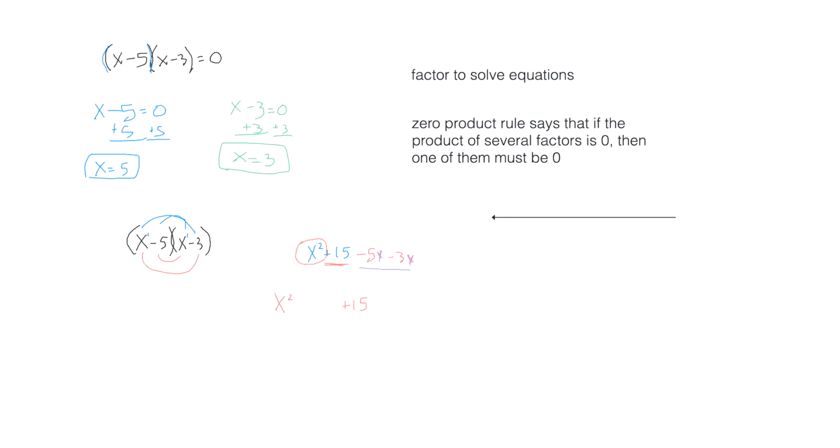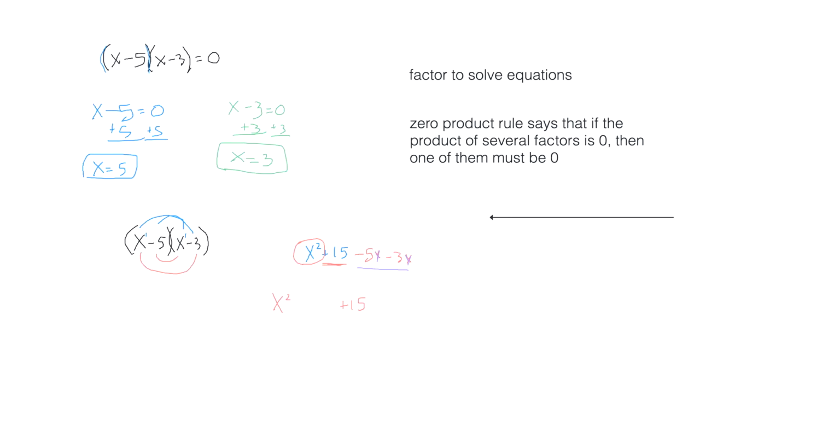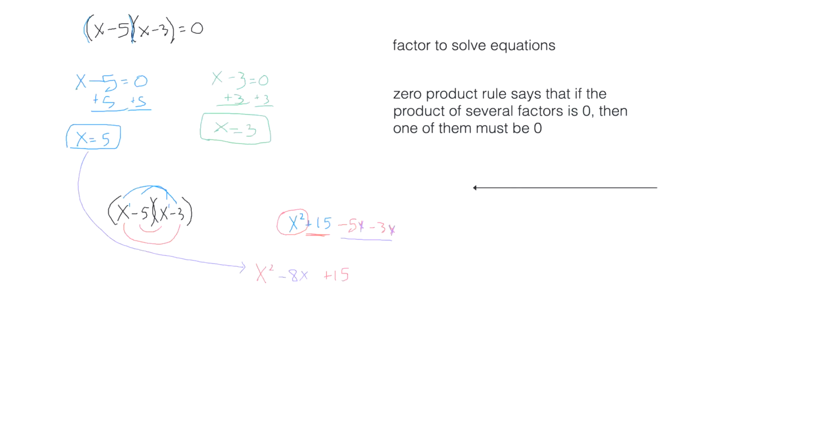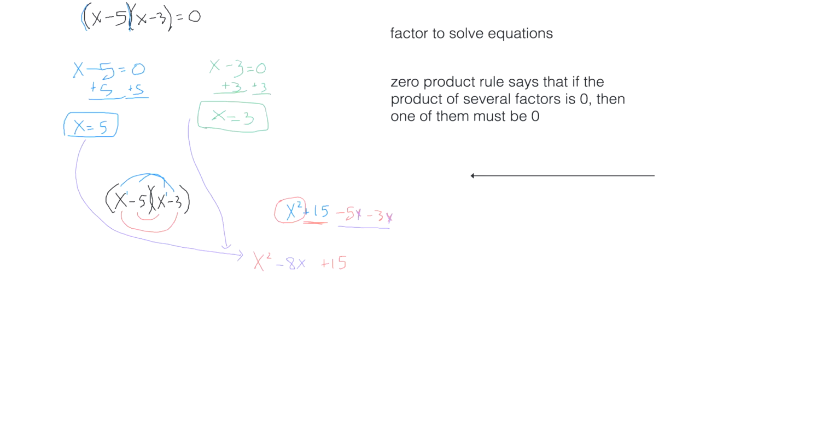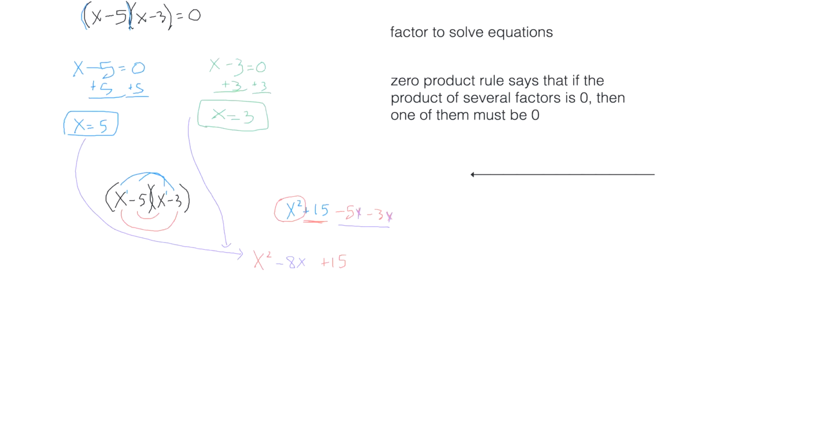I'm adding negative numbers, so I have minus 8x. If I were to plug 5 into this equation, it would equal 0. And if I plug in 3, it would also equal 0. So factoring is taking this and making it look like x minus 5, x minus 3. You set them all to 0 at the end when you're solving.